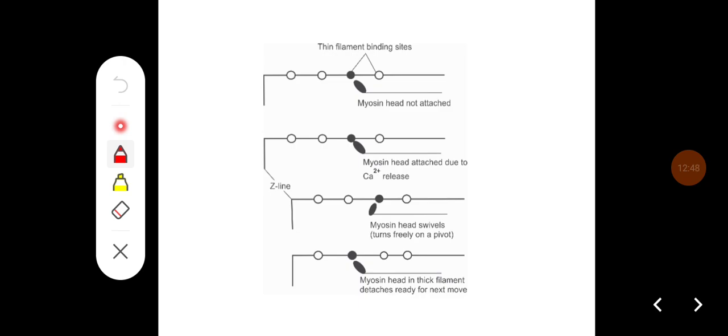And this diagram shows the power stroke, where it is showing the ratchet theory or sliding theory. When the myosin head binds on the actin filaments, because of the ATPase activity, the power stroke occurs, which pulls the actin filaments towards the M line and causes the shortening of the muscle fiber.